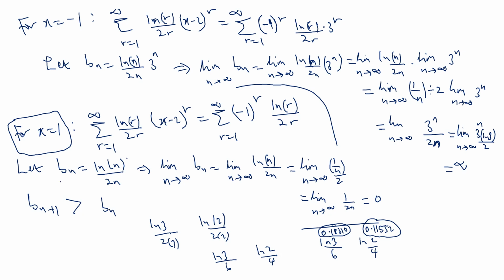We can see clearly ln 3/6 is 0.18 and ln 2/4 is 0.11. It means that Bn plus 1 is bigger, but we want Bn plus 1 to be less than Bn. At this point, it is not at all the case.